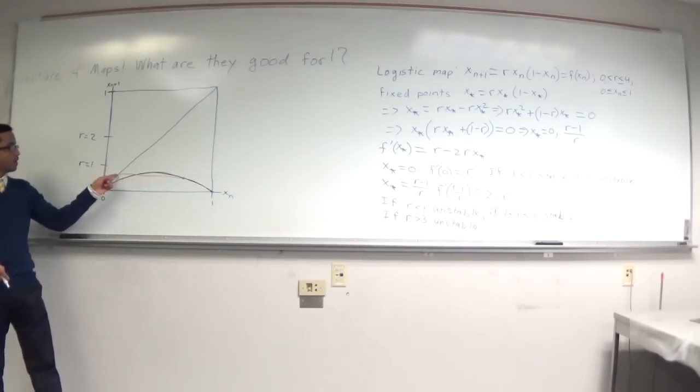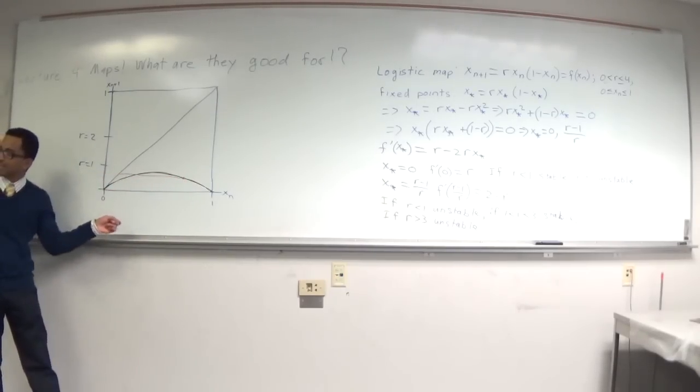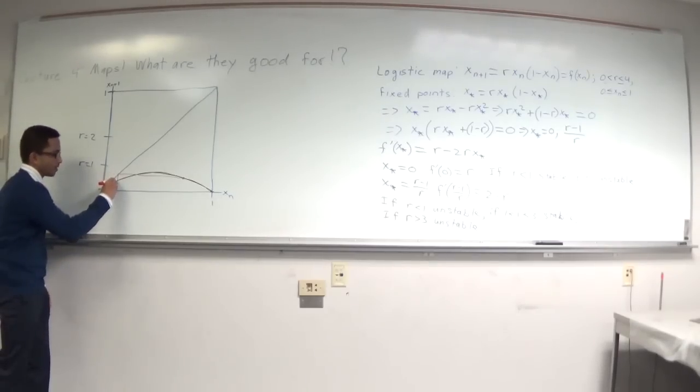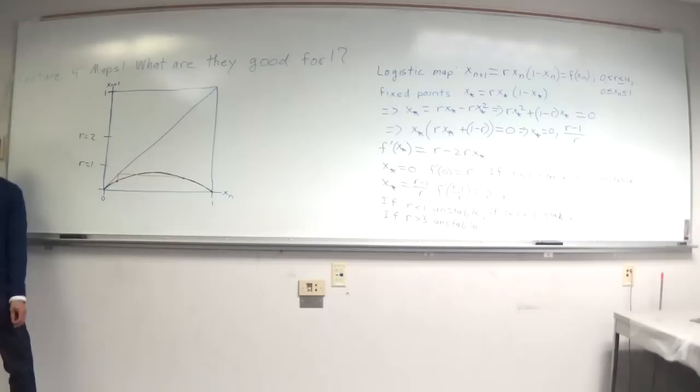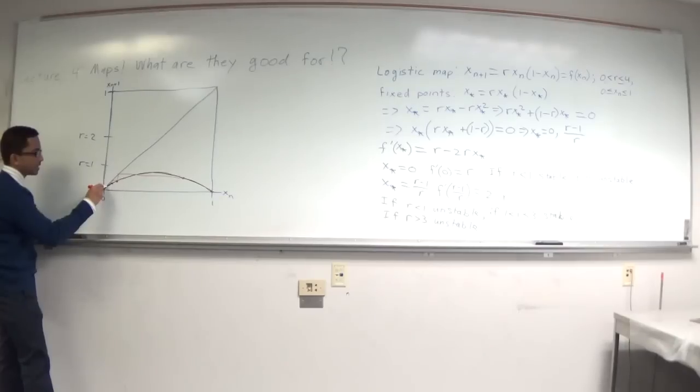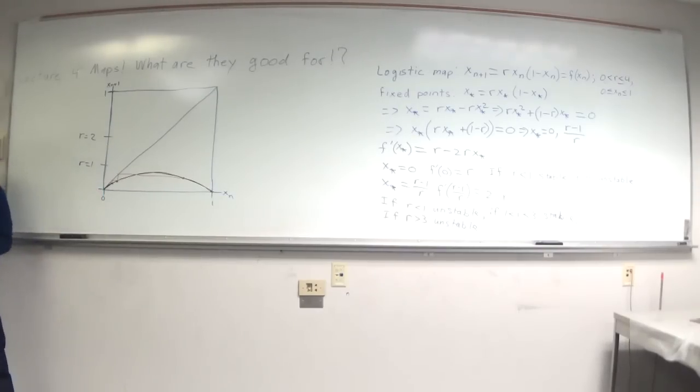But then when our x1 becomes our xn instead of our xn plus 1, we're over here. So our f of x1 is going to be x2, which is over here. That's our x2. And then we do the same sort of thing. This is going to give us x3, x4, and we can see that it's converging to that fixed point.